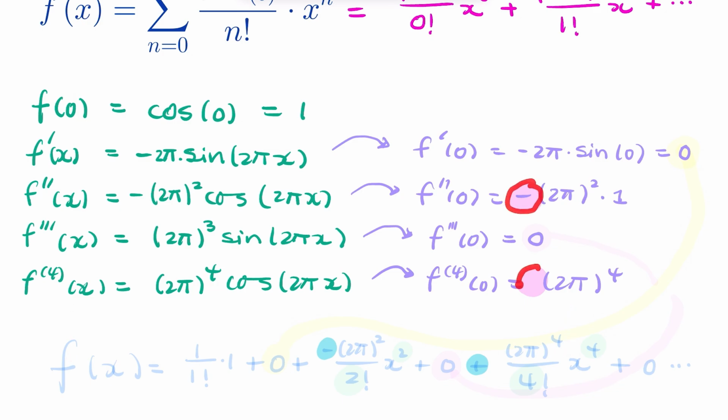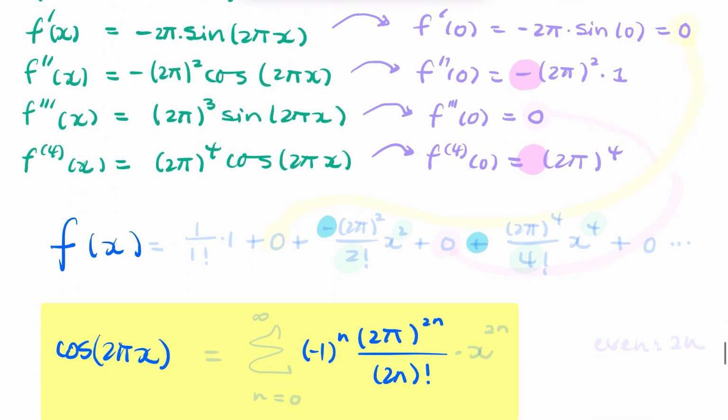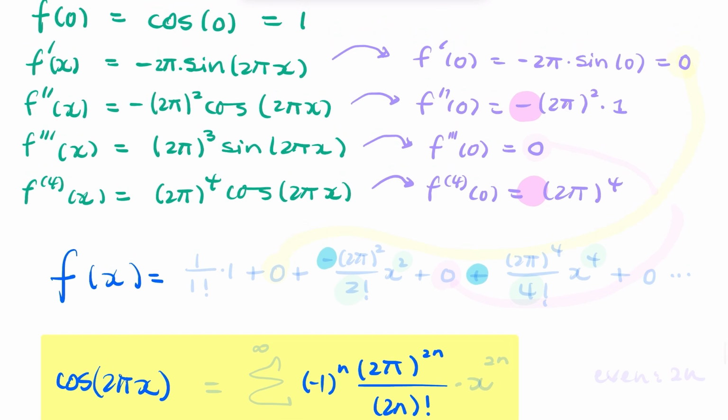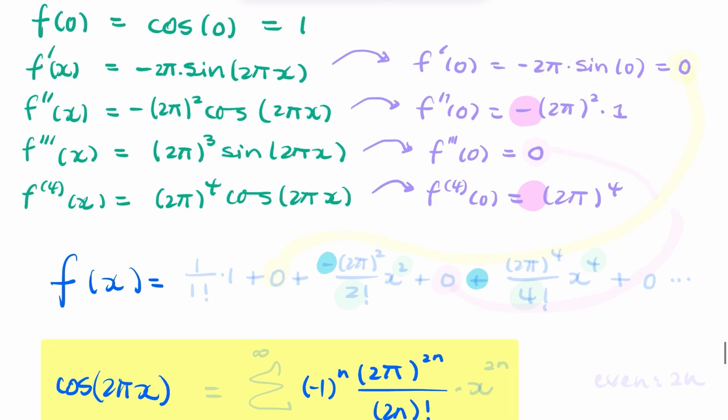So if we're to write the Maclaurin series, it looks something like 1 over 1 factorial times 1 plus 0.